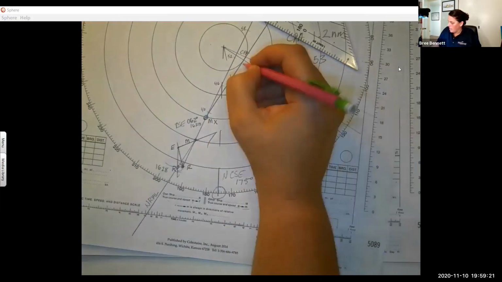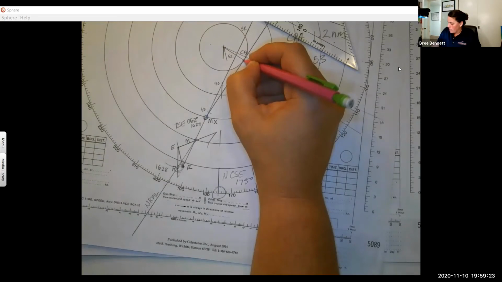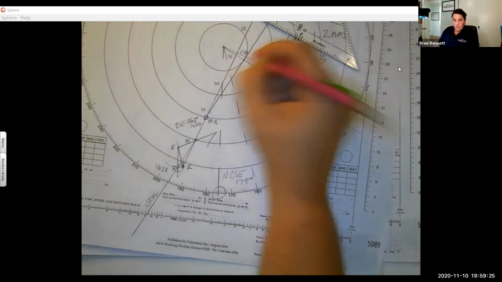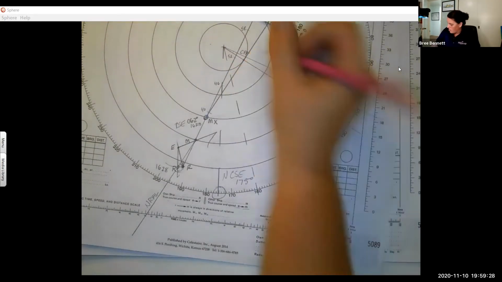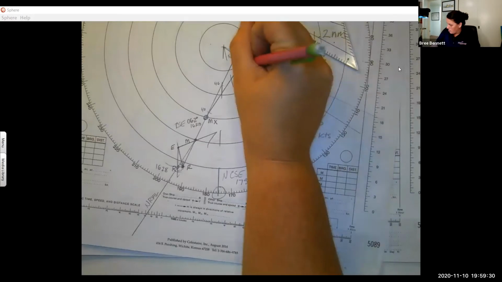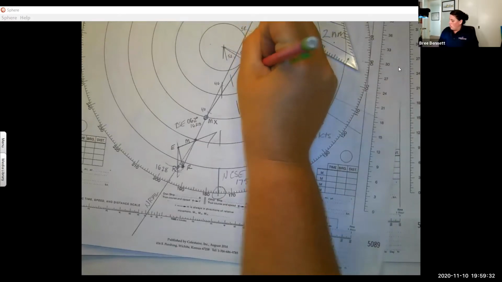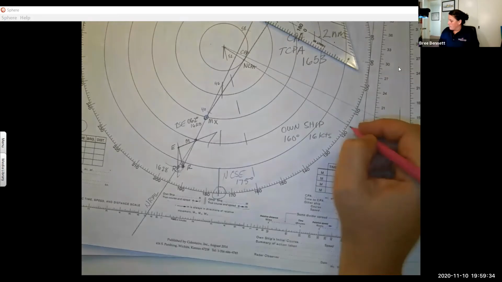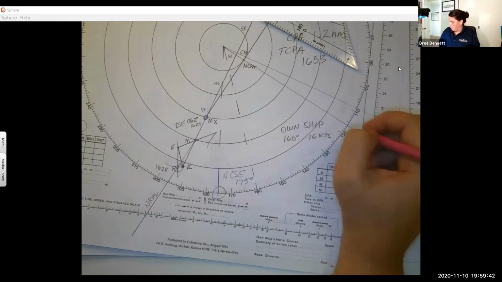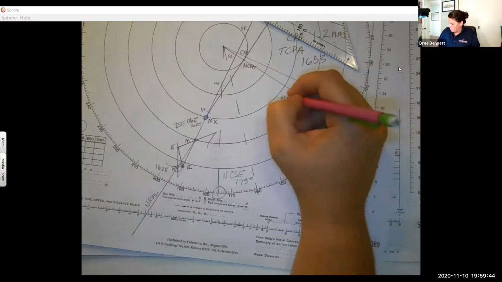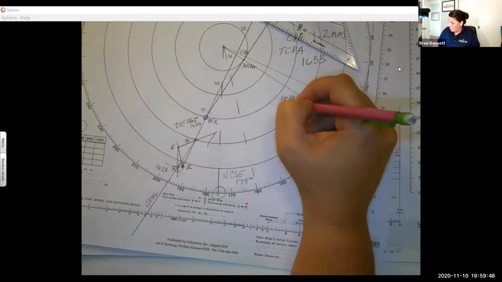So my new CPA is going to be right here. So then my new bearing of CPA would be about 116. New CPA, 116 at 2 nautical miles.